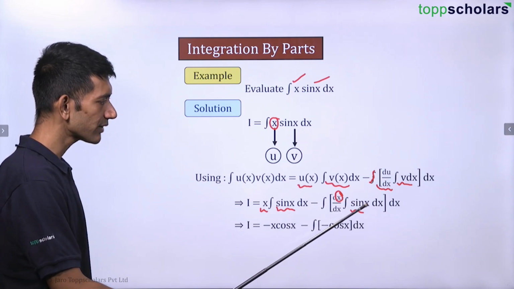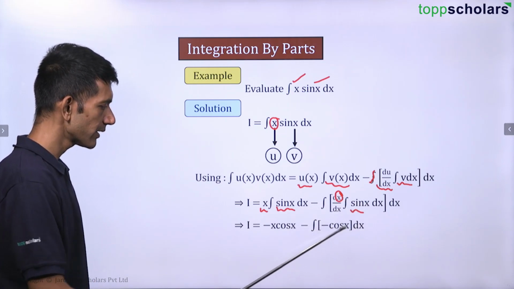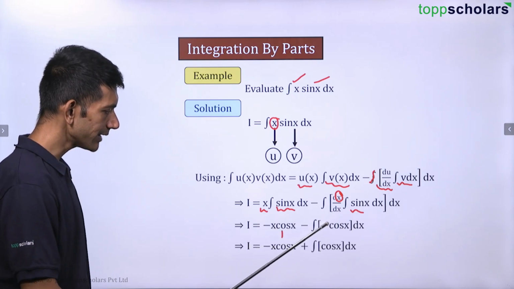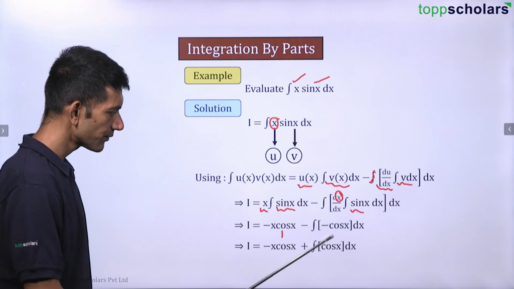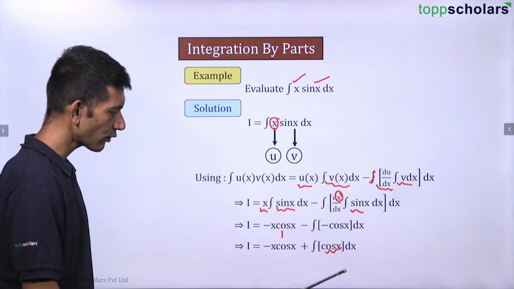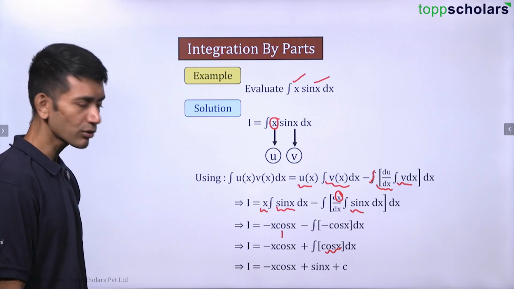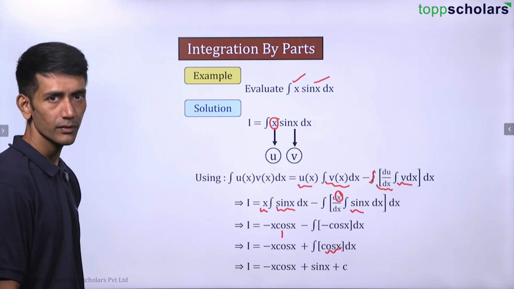So only integration of sin x, which is minus cos x dx. Further, this becomes minus x cos x minus minus will become plus, and then this will become integration of cos x, which is sin x. So you get minus x cos x plus sin x plus c, right?